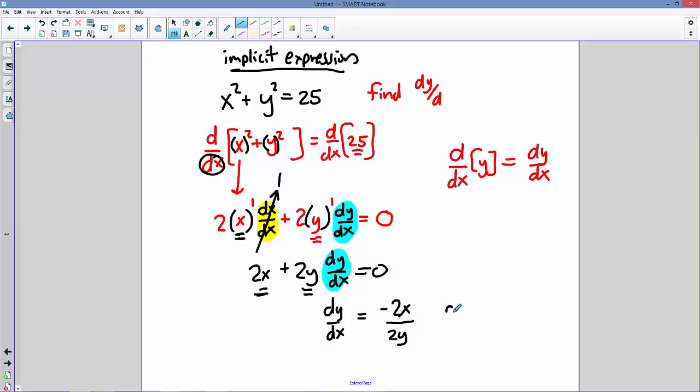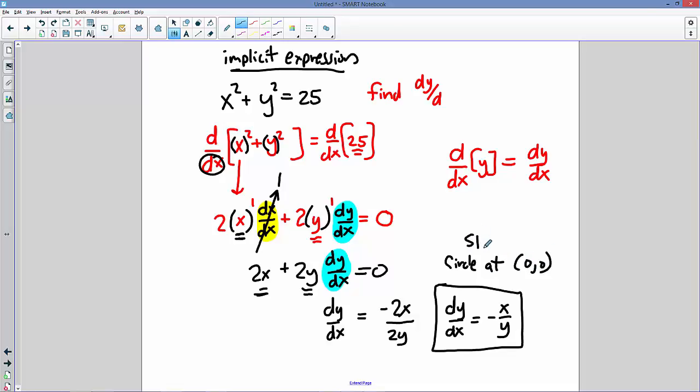All right, and my final answer is dy dx equals negative x over y. All right, we're going to come back and look at that because this is the derivative of a circle with a radius of 5. Actually, it's the derivative of any circle centered at 0, 0.